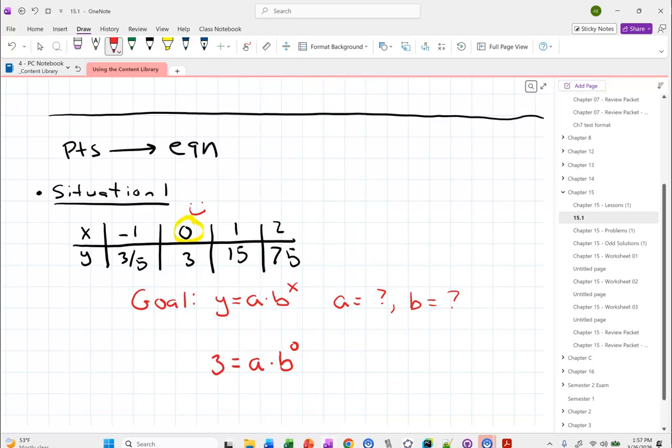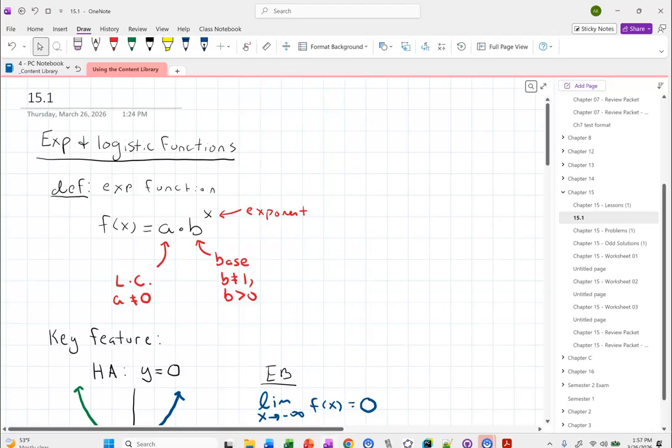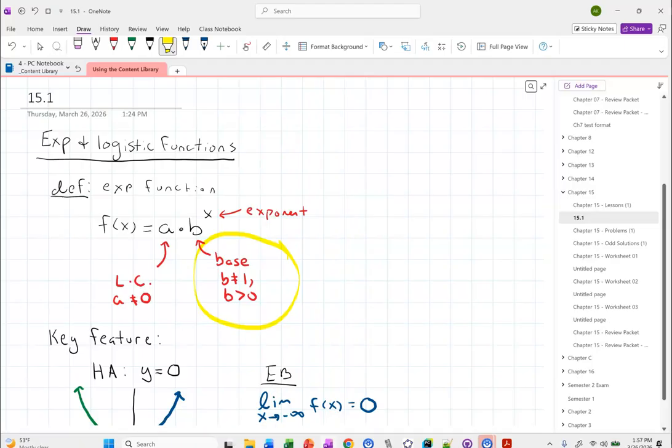What's b to the 0? It's 1, unless b is equal to 0. Do we know b can't be 0? How do we know it can't be 0? If we're writing an exponential function, can b be 0? No! So we were basically told that b can't be 0 because it asked us to write an exponential function. Is everybody okay with that? So we're good, right?